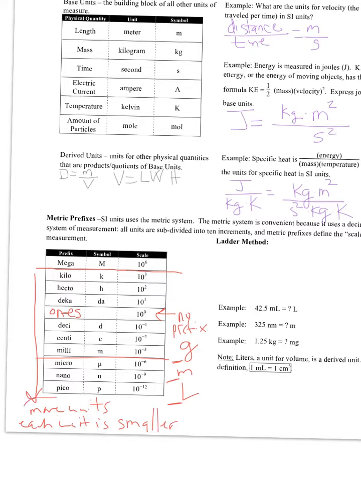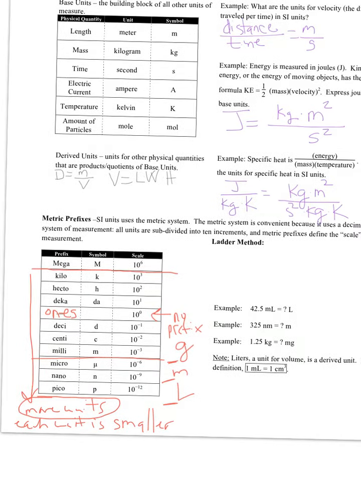So the key to remember when you're converting metric units is that as you go down, there are always more. For example, milli is next to centi, and there are 10 millimeters in a centimeter, because there are always more millis than centis.